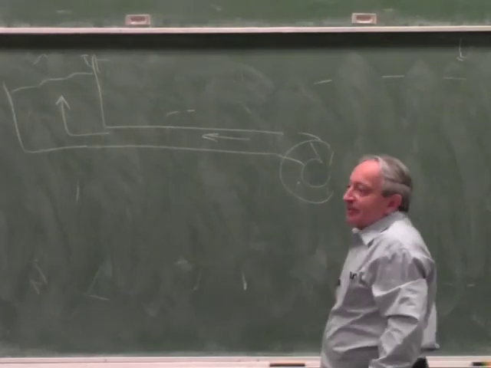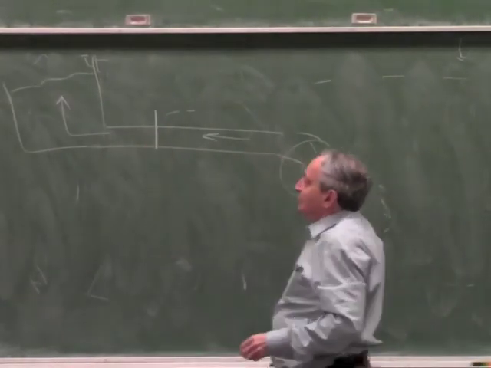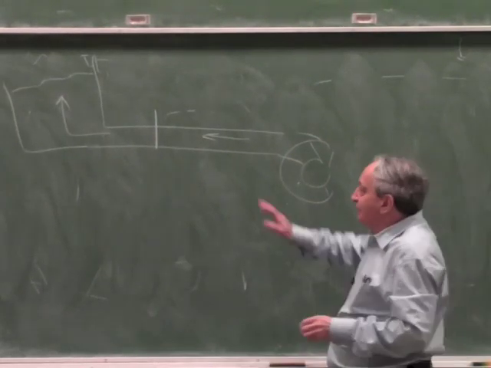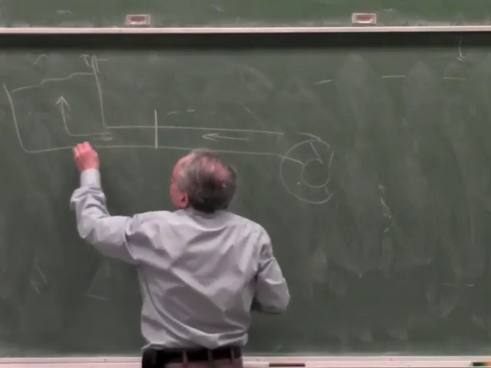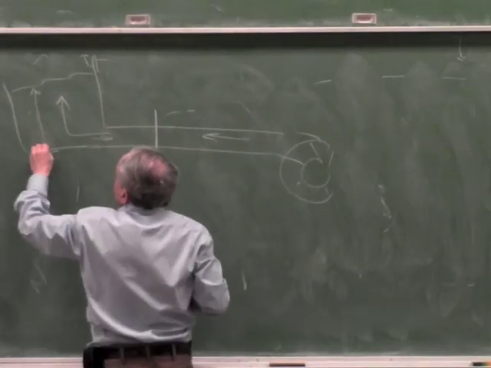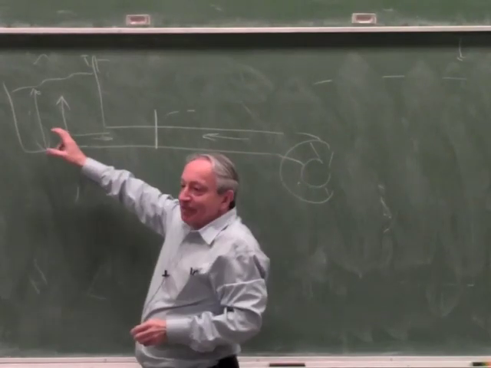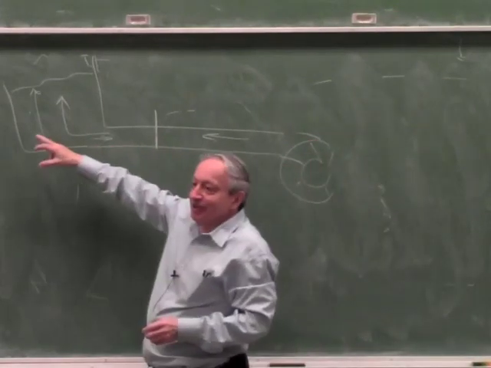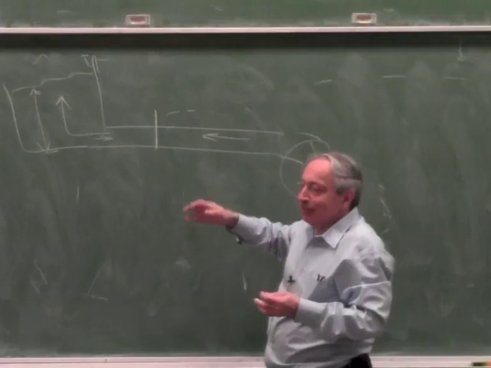Before you shut off the water supply, you have a back pressure because of the height, and the back pressure is the same as the back EMF. The pump pressure has to overcome the back pressure in order to make a flow. So it's the same as back EMF in a motor.